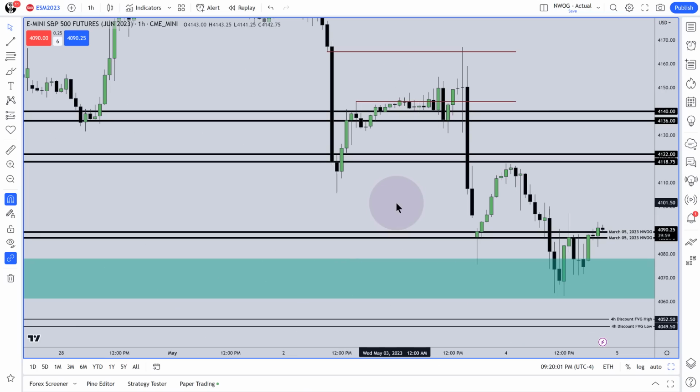All right, on the hourly chart here, you can see how on Tuesday and Wednesday, the market repriced up to this city, traded up into it here, in between the imbalance that's formed here. The market traded up and aggressively broke lower here.